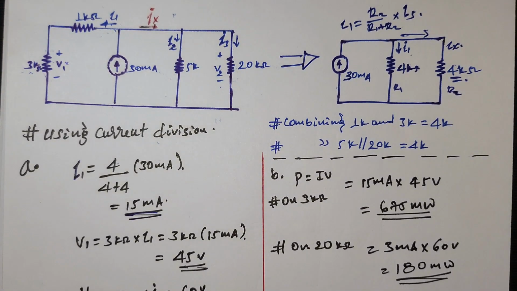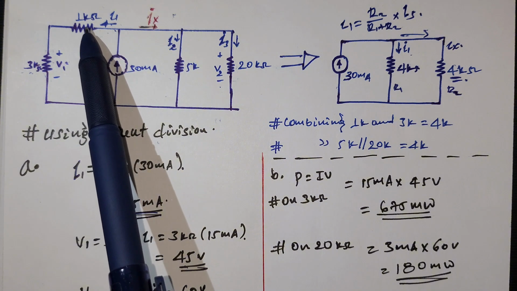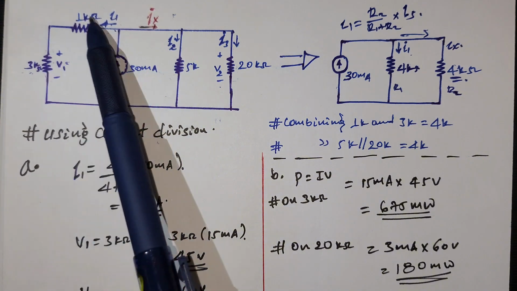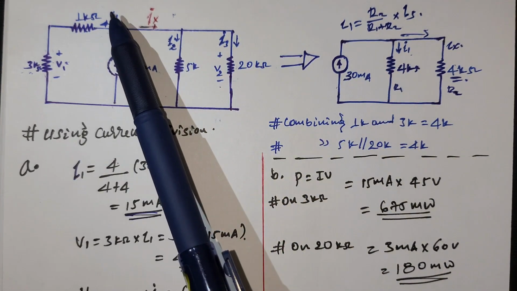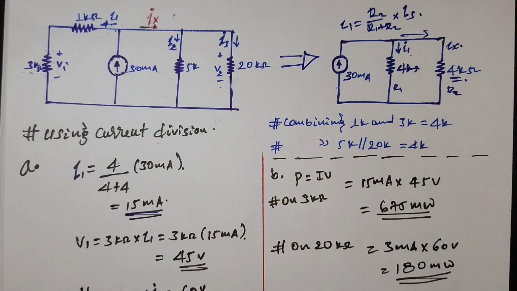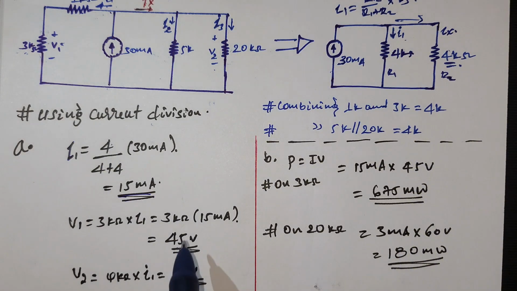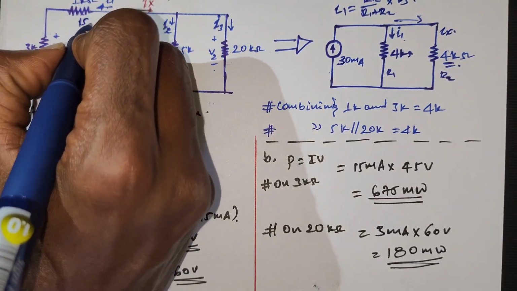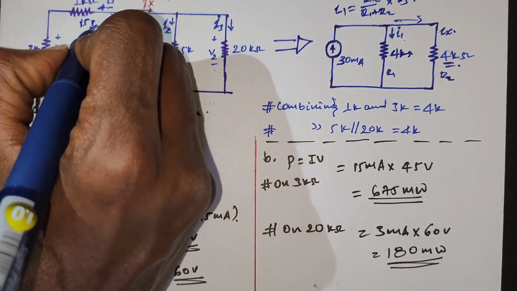So V2 is 1 ohm times the current on that branch. The current is the same for the two because they are in series. We already calculated I1 times 1 ohm. I1 is 15 milliampere, so 15 times 1 is equal to 15 volt.